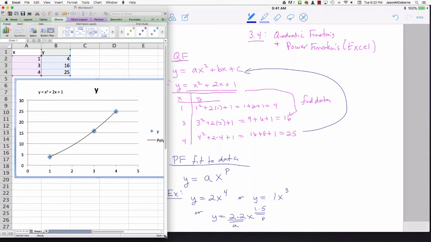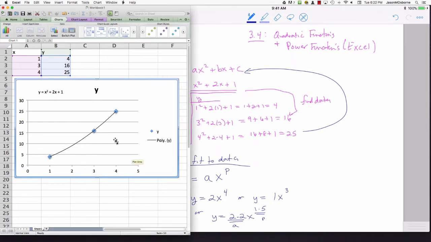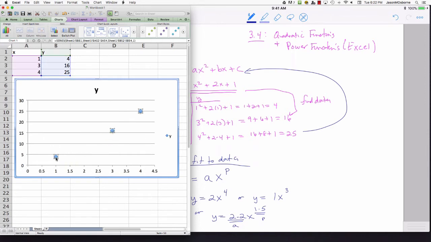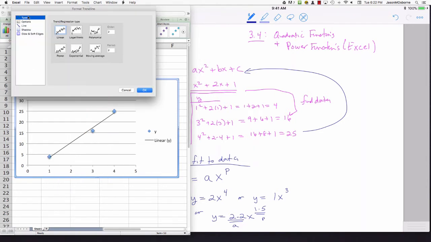So if instead of being asked to fit data with a polynomial or a quadratic function, you can, let's delete this trend line, you can have other choices from the data in Excel or whatever your favorite spreadsheet tool is. You can fit it with the power function.